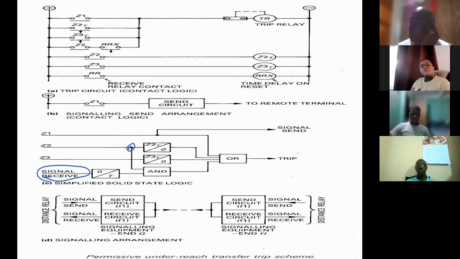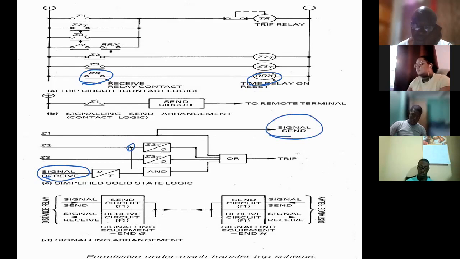We have a slight delay on the system. So we hold the signal on the system, and I will explain why. But more importantly, in permissive underreach, we still have the signal sent via zone 1, but it is supervised with the instantaneous zone 2. So the AND function occurs.